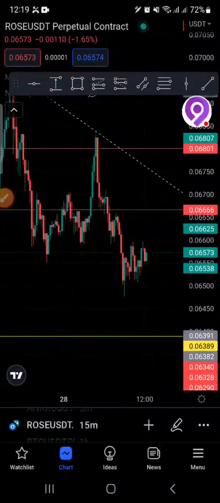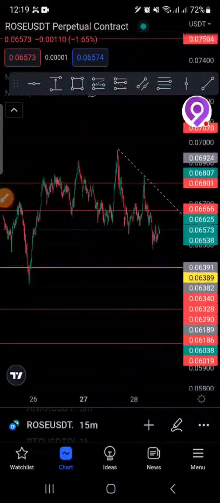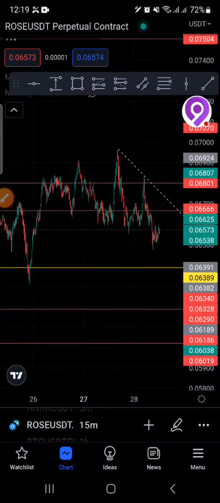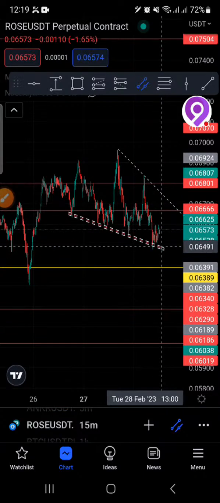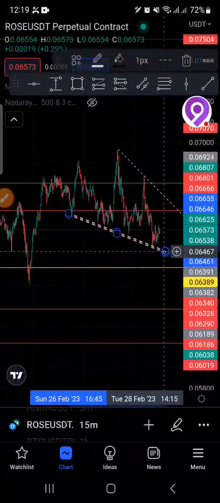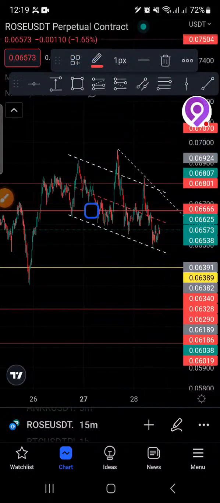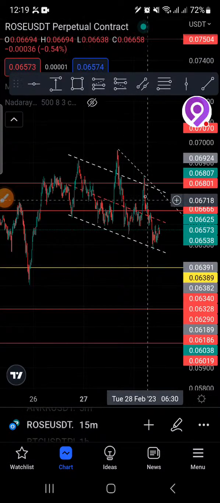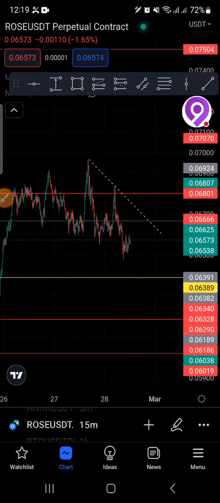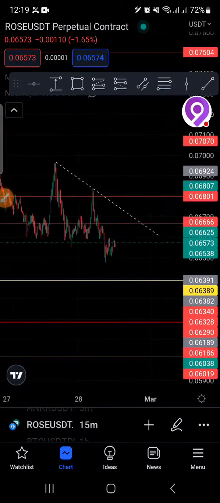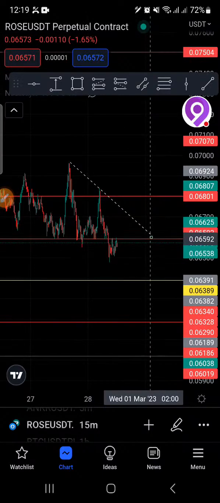Okay, let's see. If you have to play this. Let me check this guy. Okay, that doesn't correspond. Let me remove it. Okay, so here, that's the neckline.